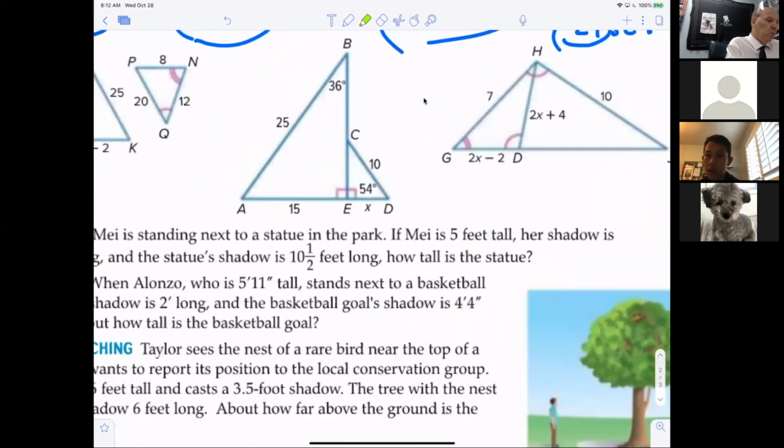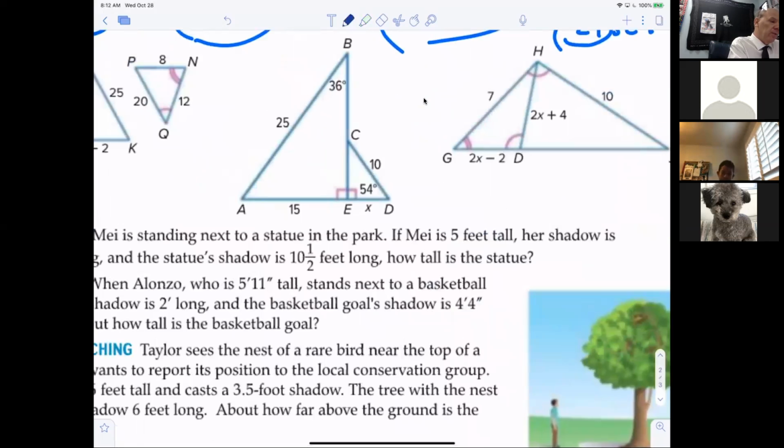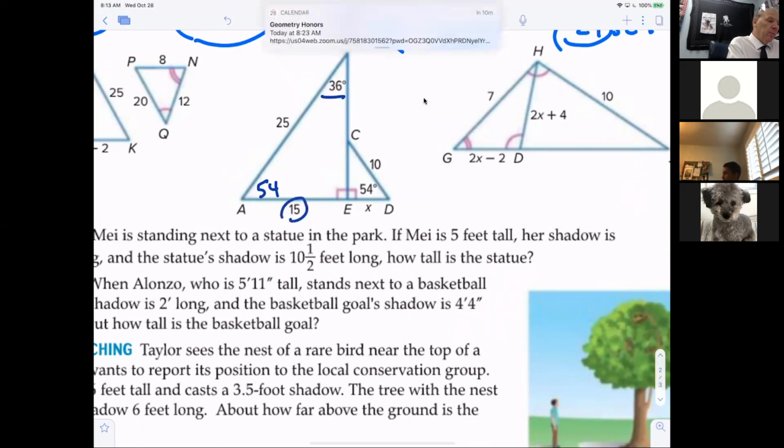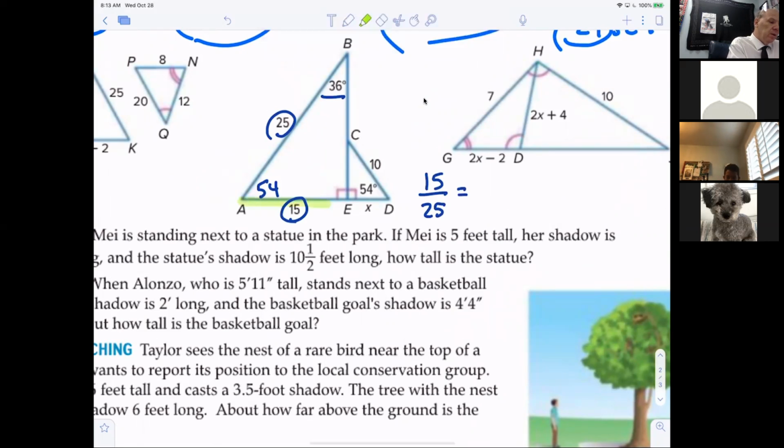Okay, so now on 20, you'd just come over here and say, if that's 36, then this is 54, right? Now, once again, I'm just automatically putting 15 over 25. You agree with that? So I'm going to put 15 over 25. And then 15 is between the 54 and the 90.